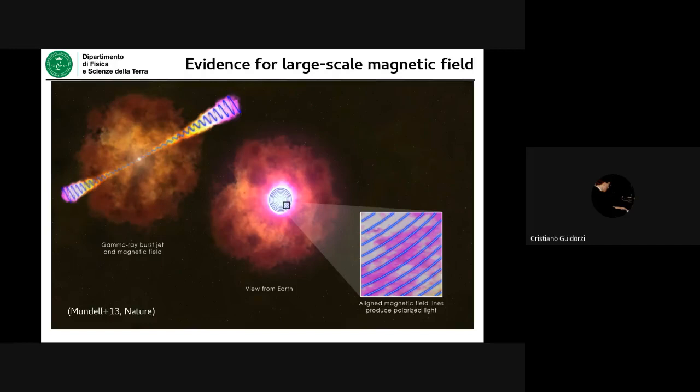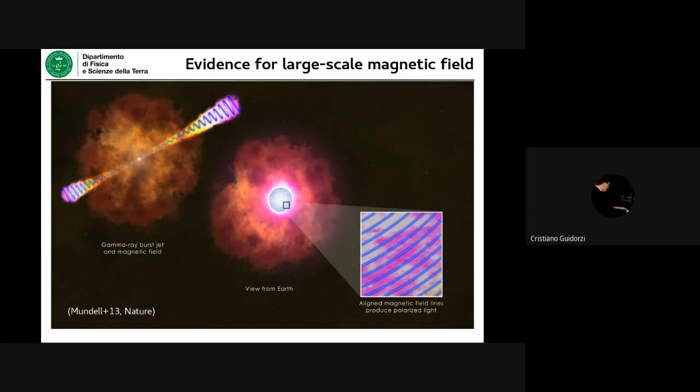This is a paper that was published a few years ago in Nature. It's telling you that there is the emission of a jet of ultra-relativistic matter, and in train with this jet, there is a large-scale magnetic field. These lines just want to show you a large-scale ordered magnetic field, not a magnetic field which is randomly generated by turbulence, for example.